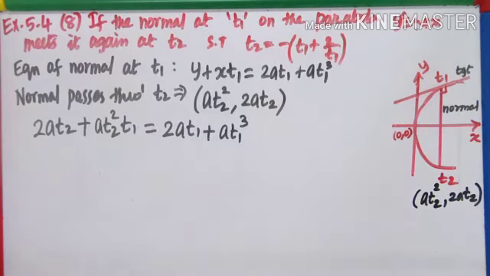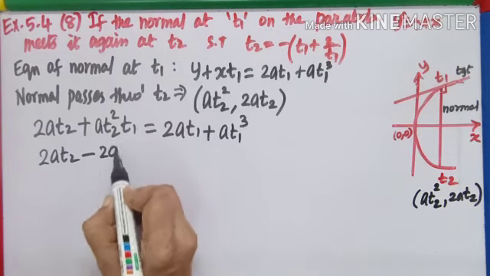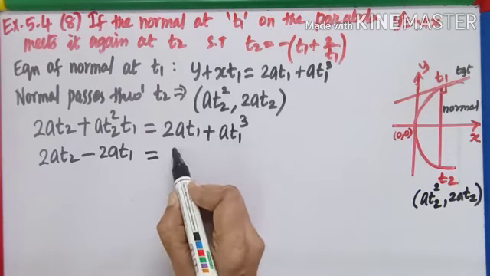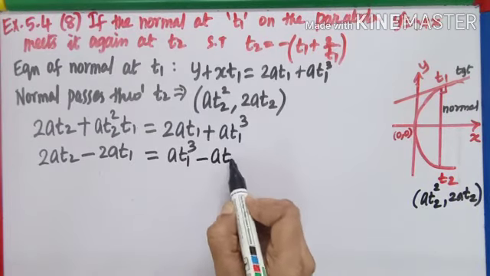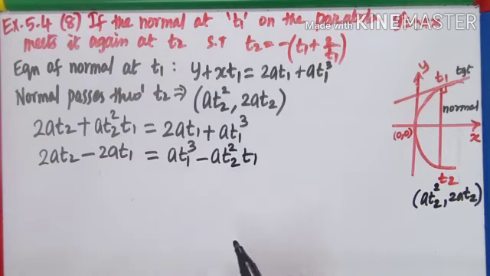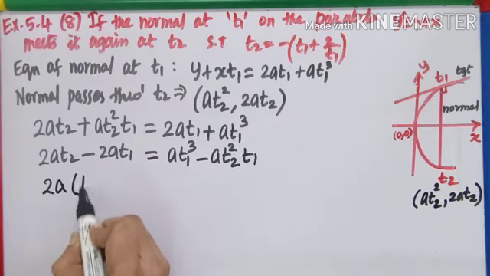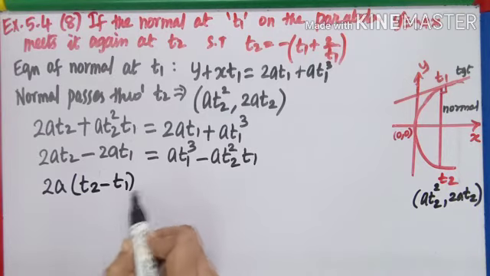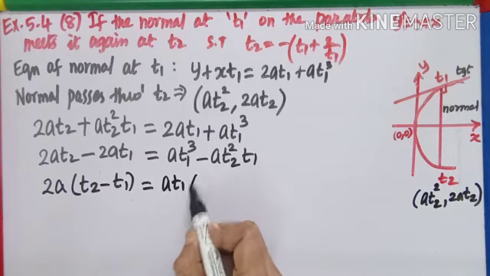As we try to simplify, 2aT2 minus 2aT1 equals aT1 cube minus aT2 square T1. In these two, 2a is common. If I take it out, T2 minus T1. In these two, aT1 is common.